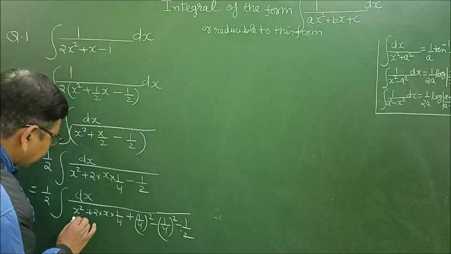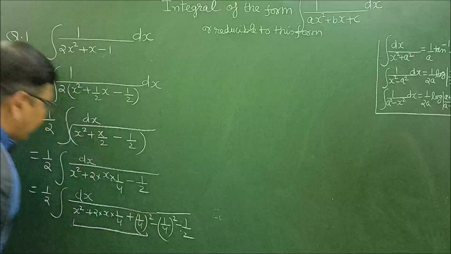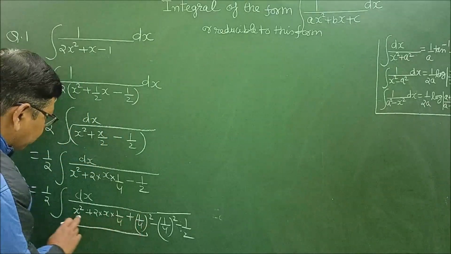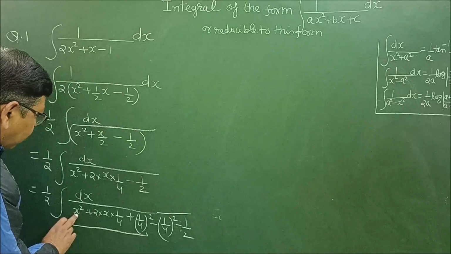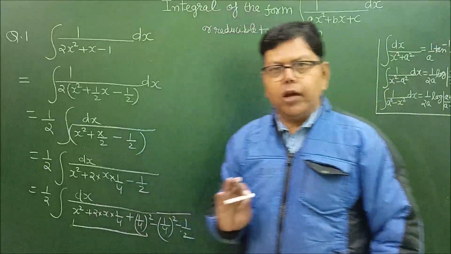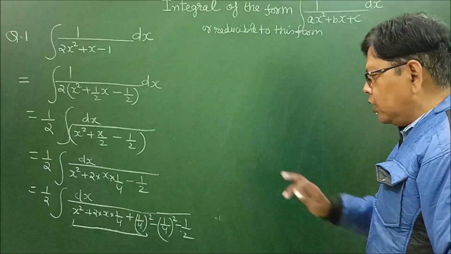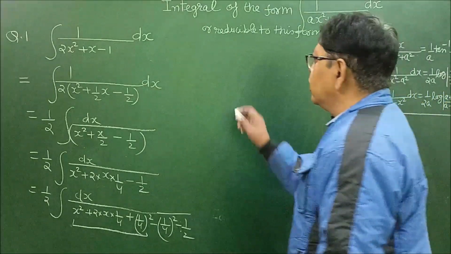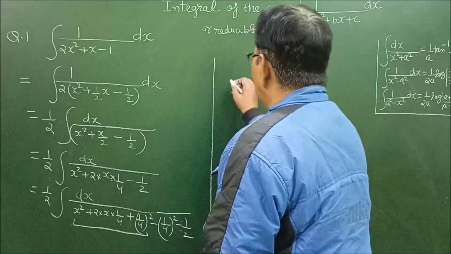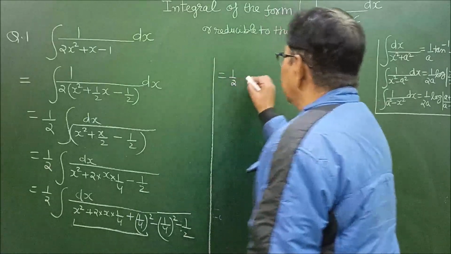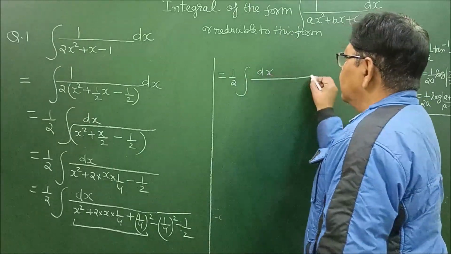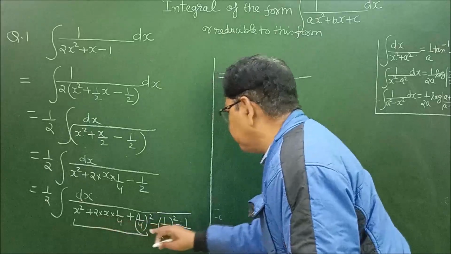Now these three terms make a perfect square, using the formula a plus b whole square equals a square plus 2ab plus b square, that is, the whole square of x plus 1 upon 4. So we can write this as half integration dx upon x plus 1 upon 4 whole square.